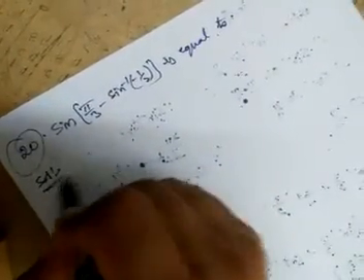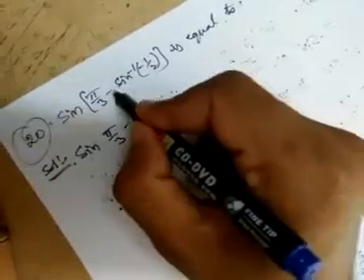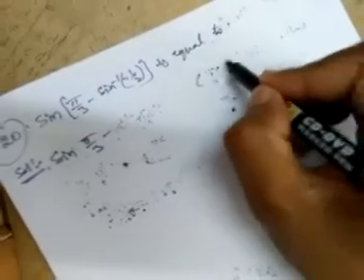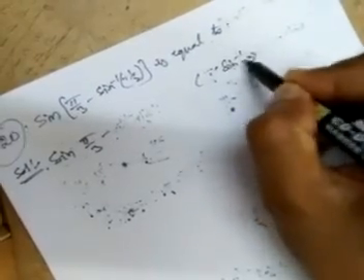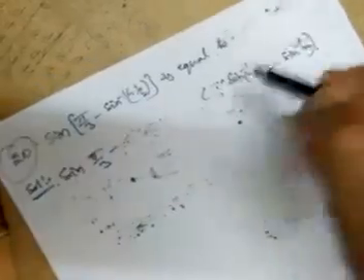Solution: sin of pi by 3 minus sin inverse of minus 1 by 2. We know the formula: sin inverse of minus x equals minus of sin inverse of x.